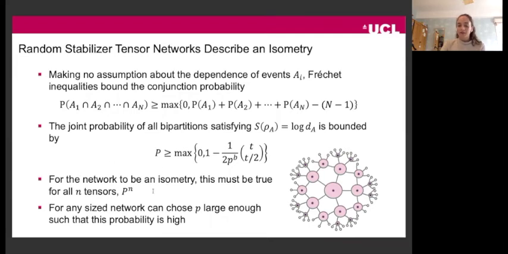So we're now having to raise this to the power n. So our dimension P, in order to keep the probability high, is going to have to depend on the size of our network, which is something new that wasn't previously in Tamara's original paper, which is kind of annoying. But for any size network, we can always choose P large enough that this probability is going to be high.